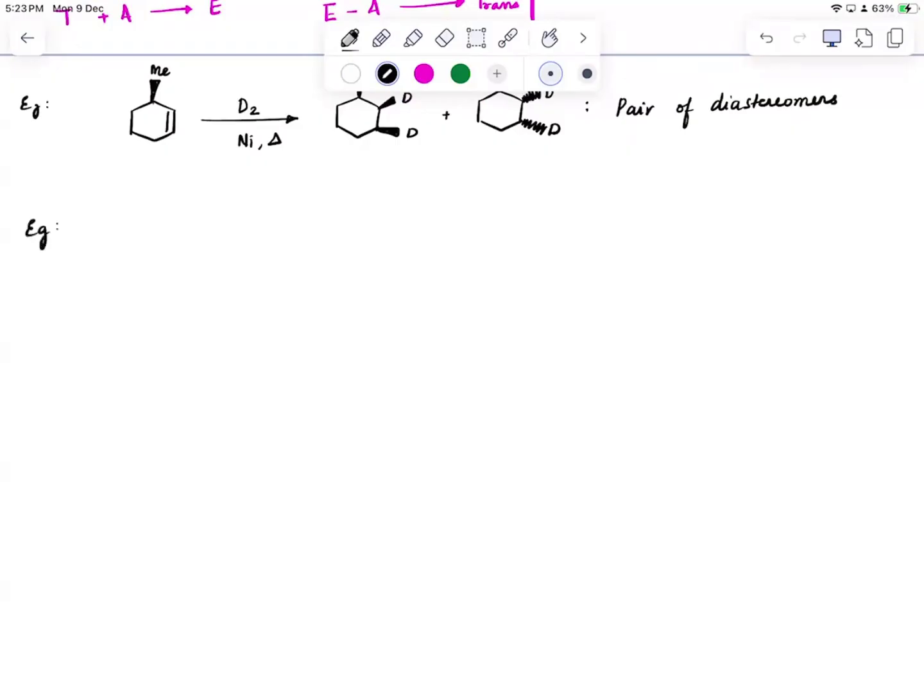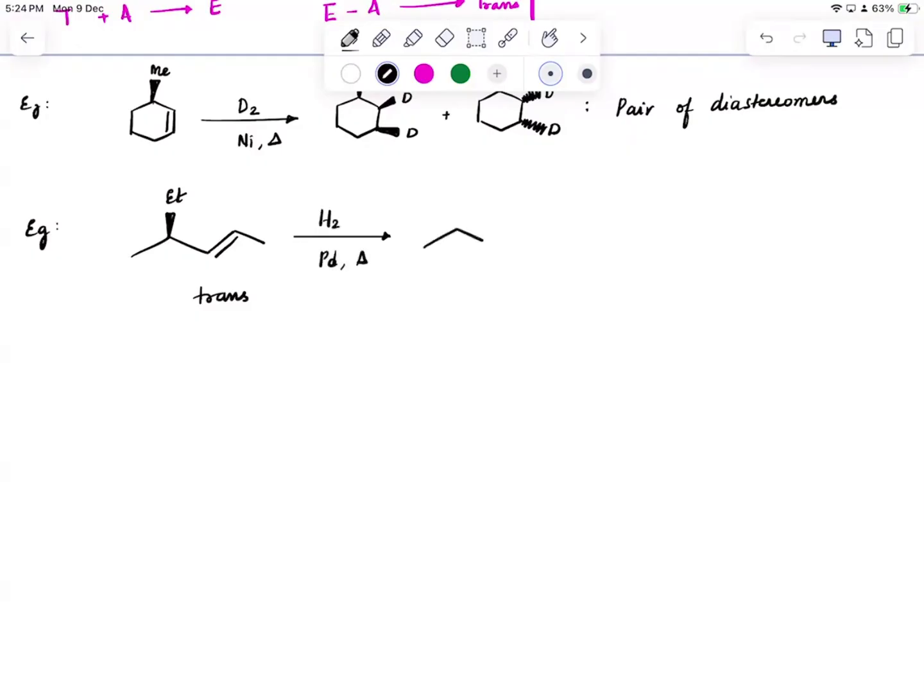Another example, you see, imagine I already have a fixed configuration here like this with an ethyl group here, correct? And it is a trans molecule here. So this is a trans molecule. Then I have D2 by palladium and heat.